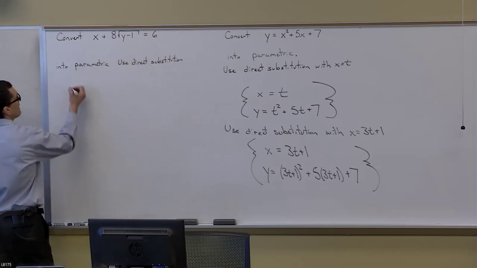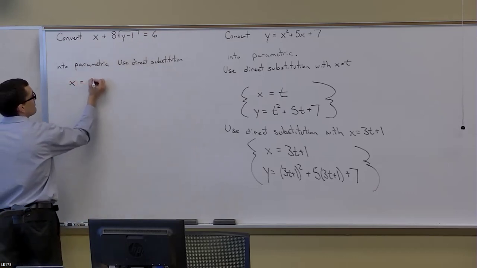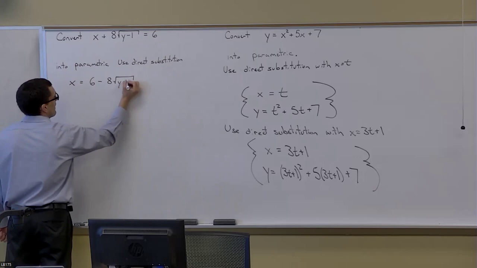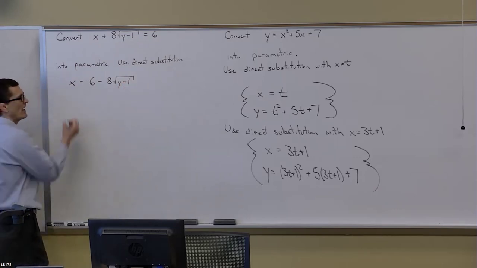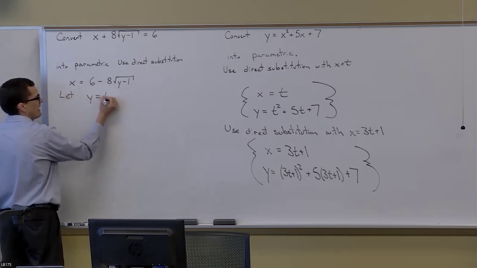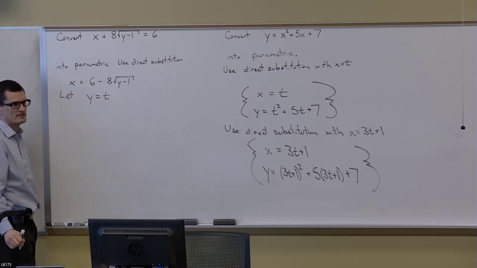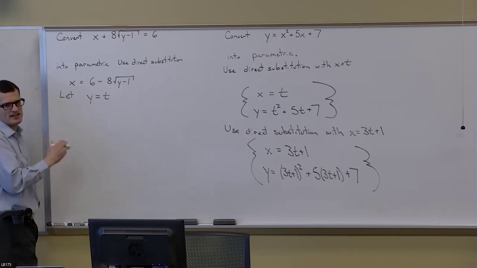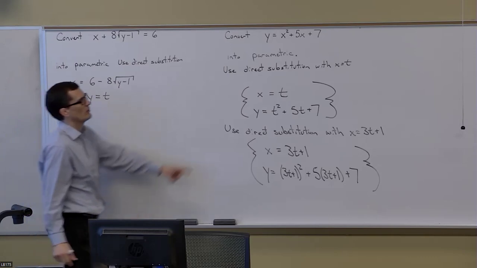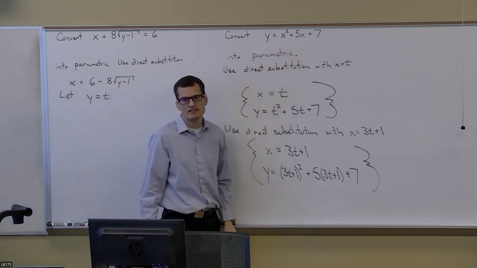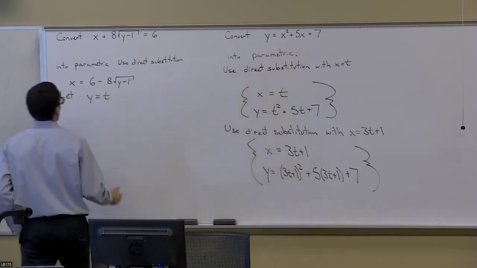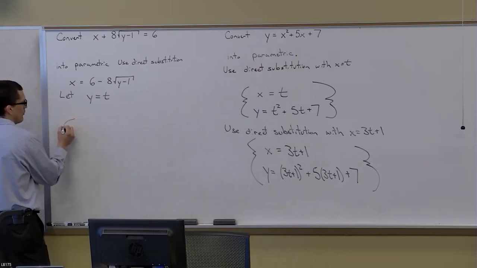So I'll probably solve this for x by subtracting 8 times the square root of y minus 1, and then I'll let my y be my parameter t. Everybody understand that? It was just a lot simpler to solve for x than it was to solve for y. Here, we had already solved for y, so we just replaced the x with a t, and we're on our way. So in that case, I let y be t.